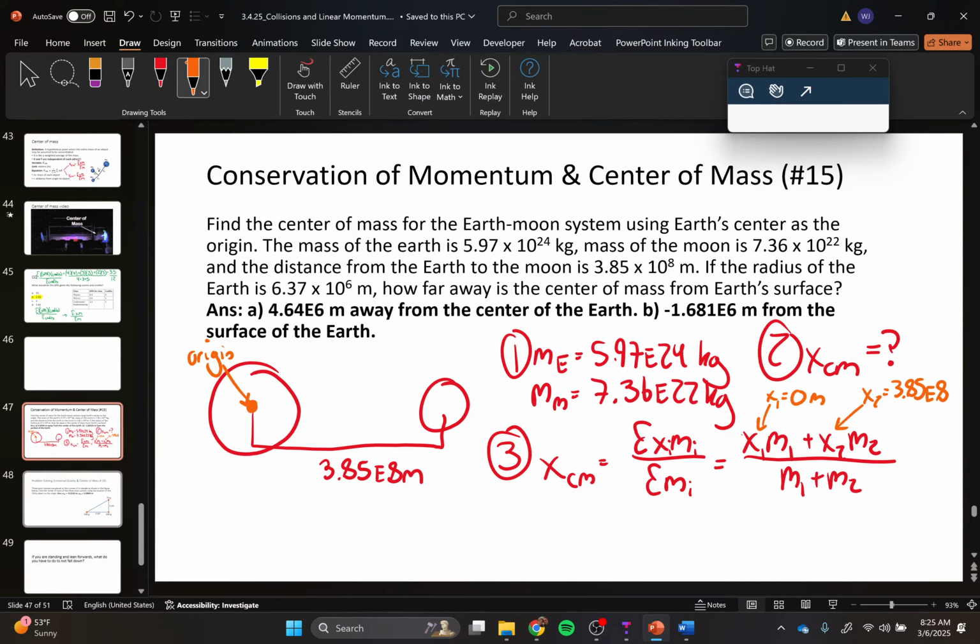Oh, I see. So your first answer is... so you know how big the radius is? So you just subtract the radius from... because it's two-dimensional.